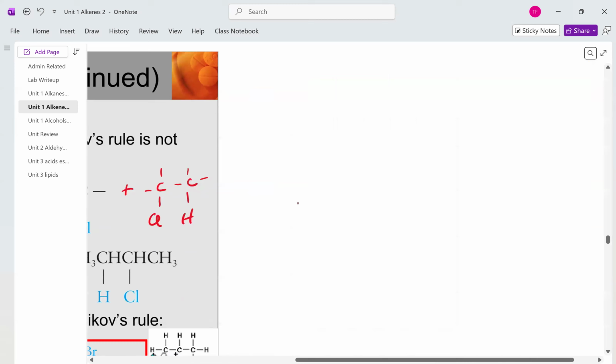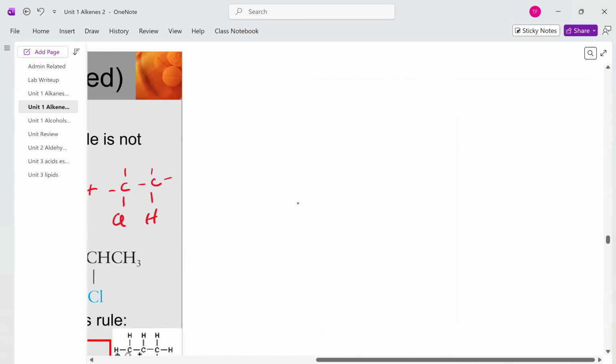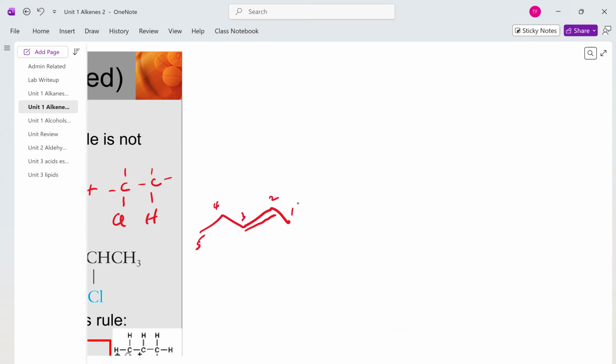Okay, so let's look at some examples here. This is going to be 1, 2, 3, 4, 5. So this is going to be 2-pentene. If we count from left to right, it ends up being 3-pentene. So 2-pentene is more correct.